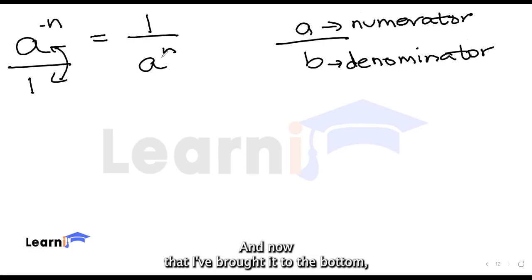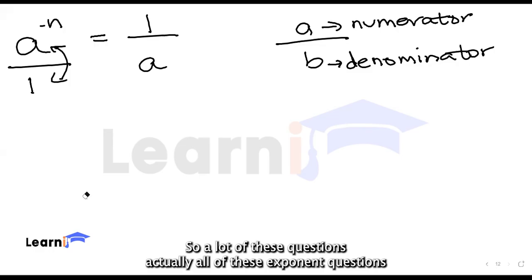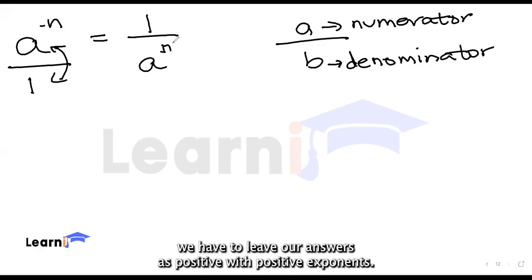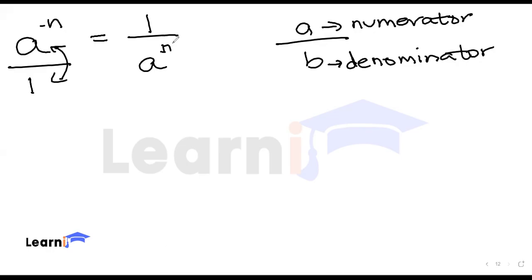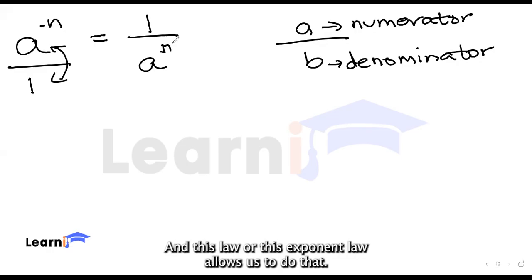Okay, and now that I've brought it to the bottom, can you see that the exponent is now positive? In all of these exponent questions, we have to leave our answers with positive exponents, and this law allows us to do that.